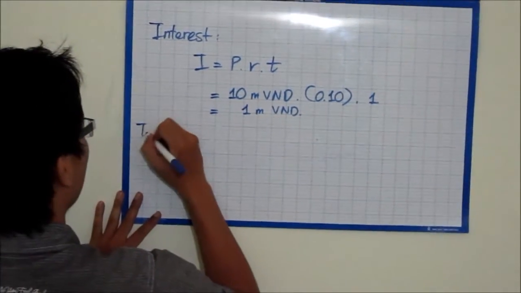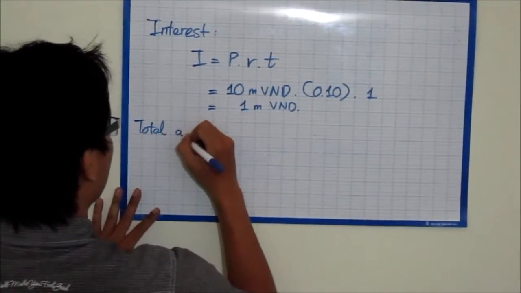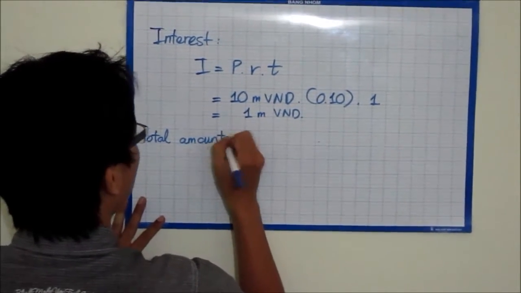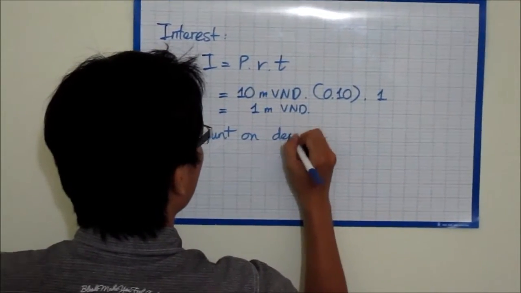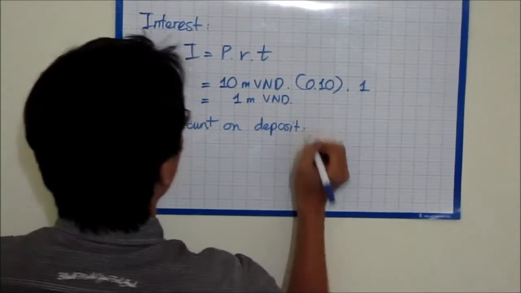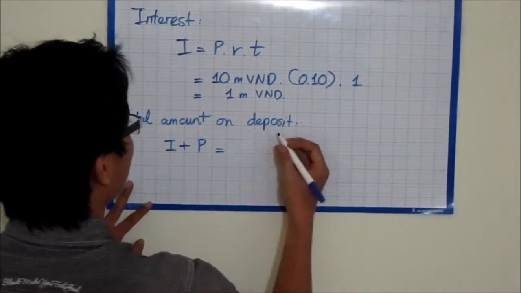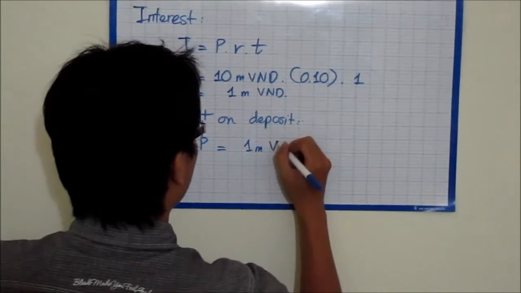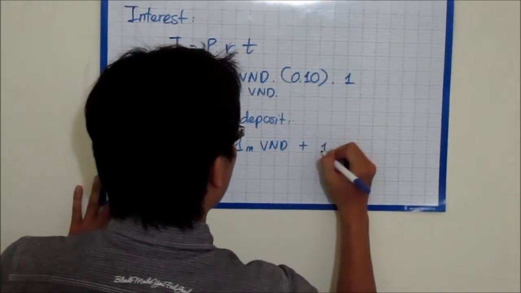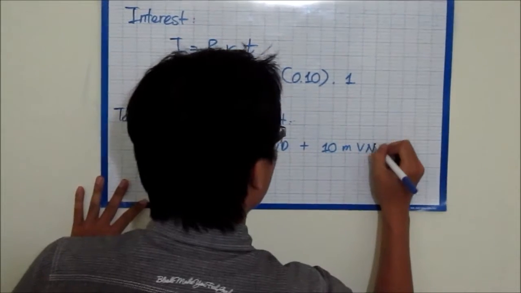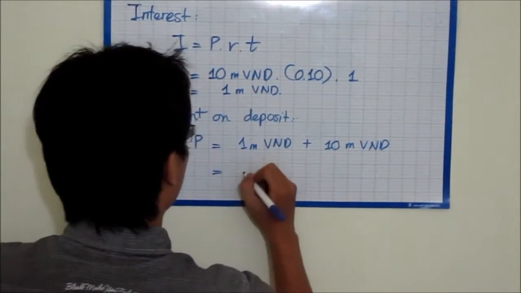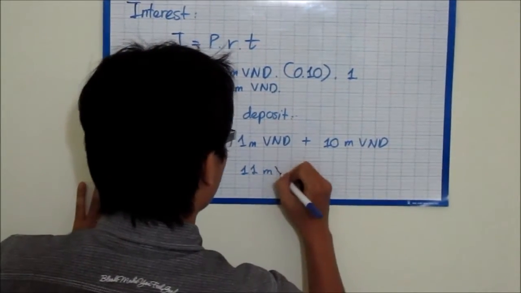How about the total amount on deposit? You take I plus P, 1 million VND plus 10 million VND, and the final result will be 11 million VND.